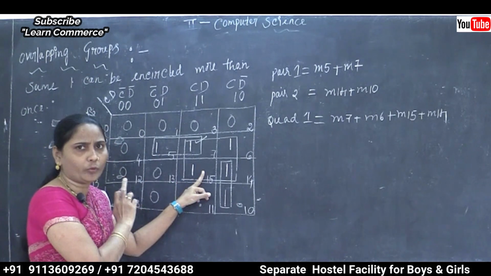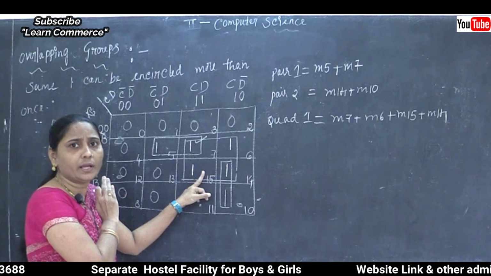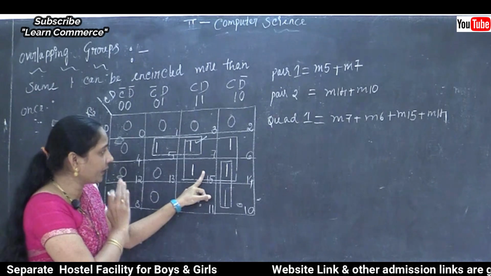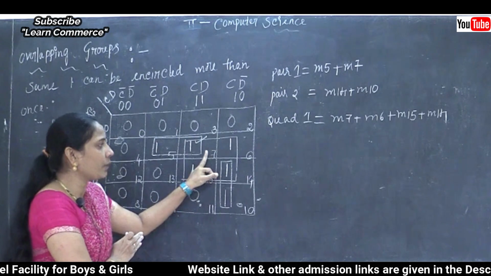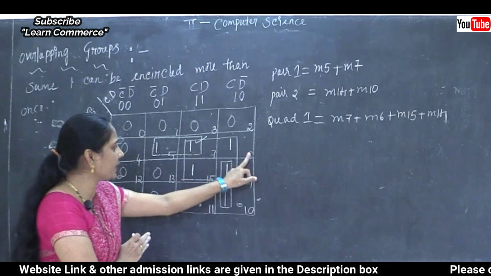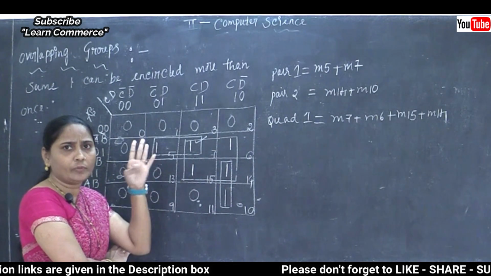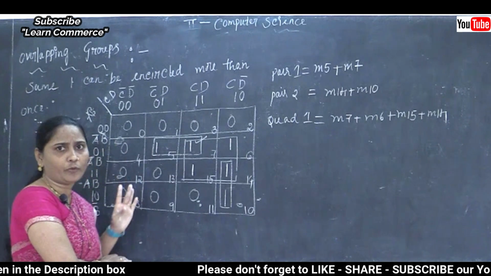Only one quad is there in this example. The quad is 7, 6, 15, 14. Four ones are there, so that is equal to the quad.